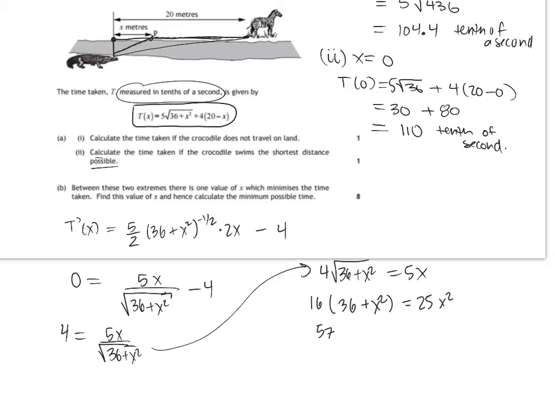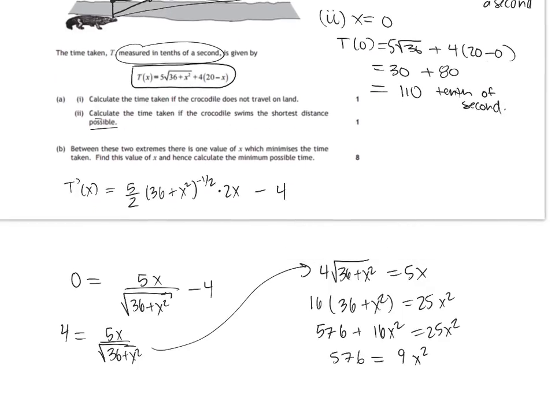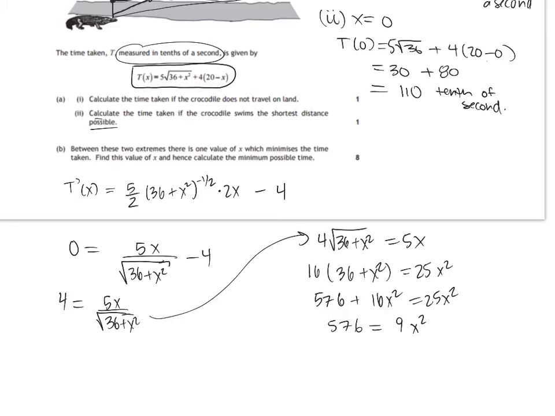So that's 576 plus 16x squared equals 25x squared. I think 576 is a nice square, doesn't it? I don't know why I wrote 579. That was a mistake. 24? Yeah. That means x has a nice answer even. So if you root both sides now, you get 24 equals 3x, right? And so x equals 8.